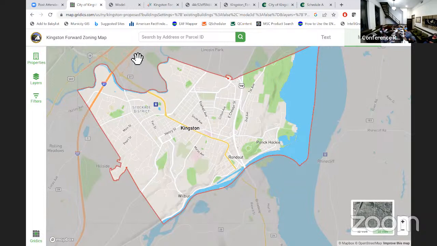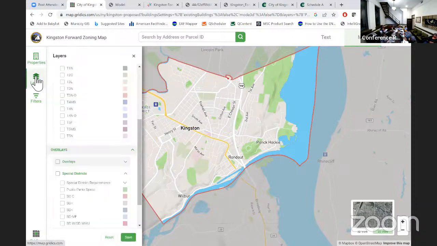There's a whole section in the administrative portion that deals with the transition from one code to the next. One scenario is if you're in the approval process. One scenario is if you're done with the approval process but have yet to construct. And one is if you're fully constructed already but you don't meet the code, then you become non-conforming. So there's a whole series of different levels in that administrative section.